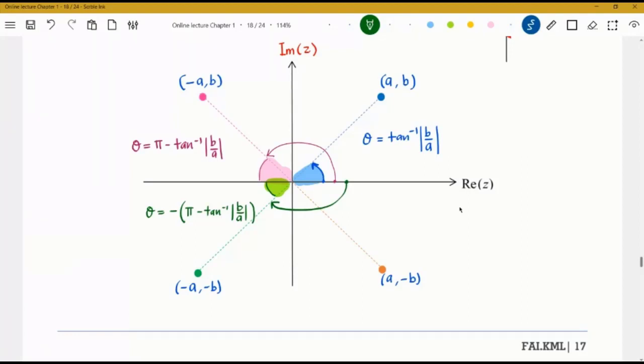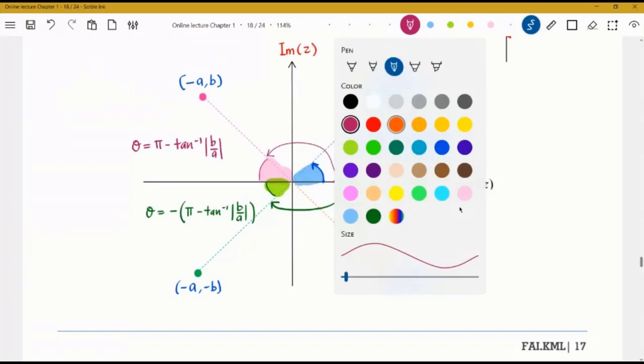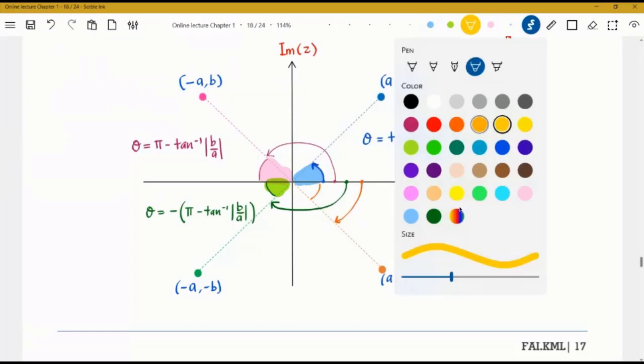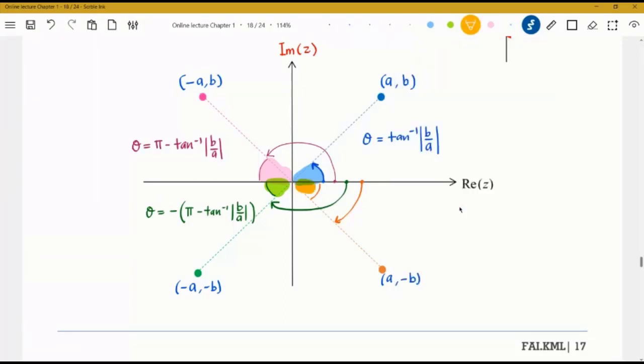Okay, untuk fourth quadrant pun sama juga. Di mana kita akan start di sini sampai this point. So angle yang kita nak cari adalah yang ini. So we gonna have to find theta equal to negative. So we just copy the formula on the first quadrant.